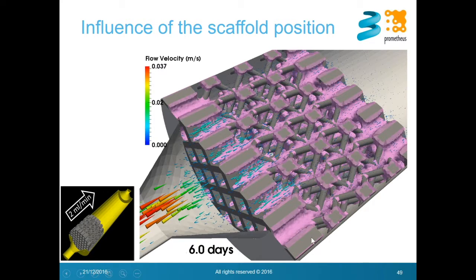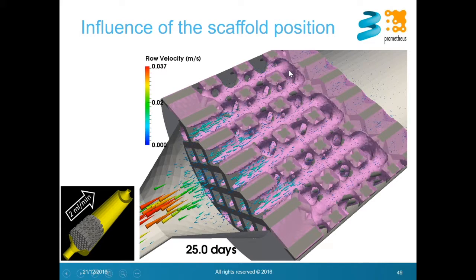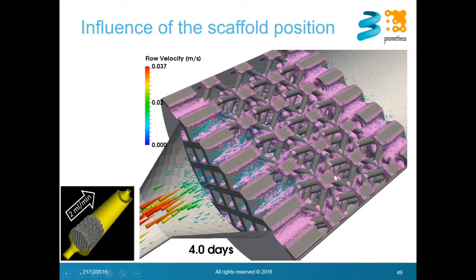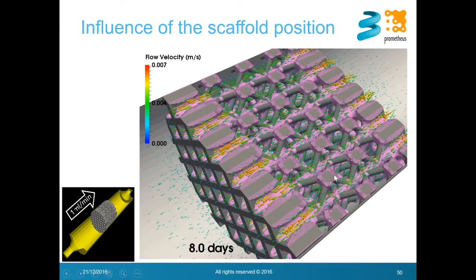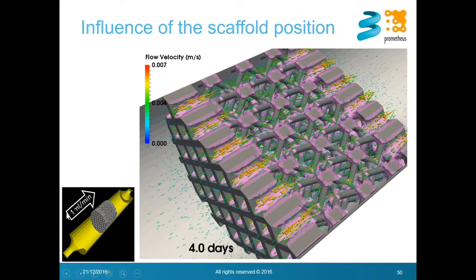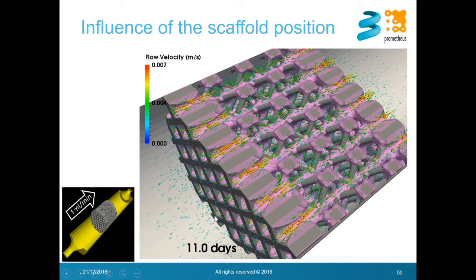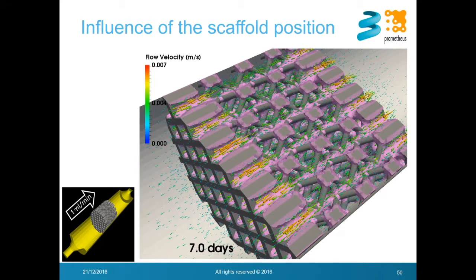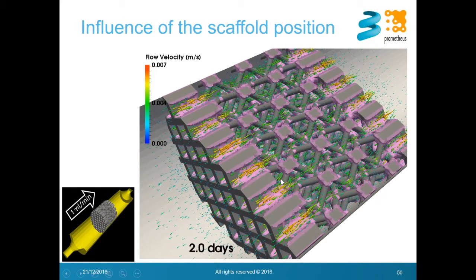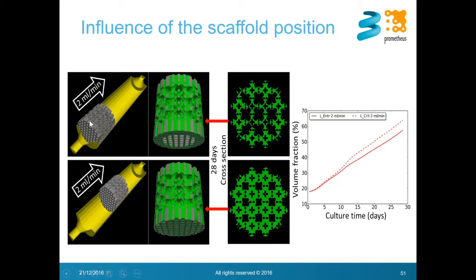And here you have filling of the scaffold. When you place the scaffold, this is a mistake. This should be the same fluid flow. When you place it in the middle part of the bioreactor chamber, you see that you get a much more homogeneous filling of the scaffold. And this is also what we see if you look at the experimental results, and the dots are missing, but they go in the same direction.